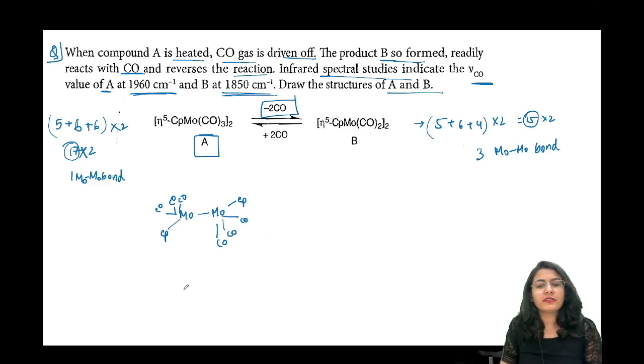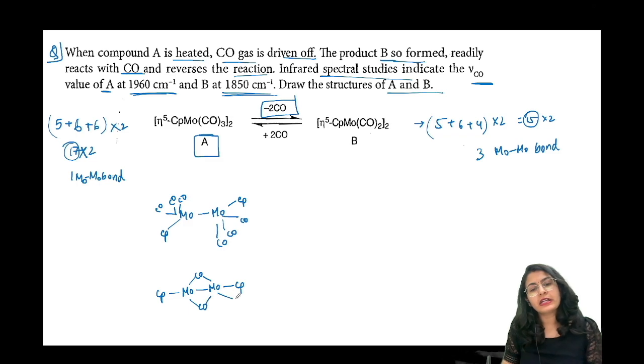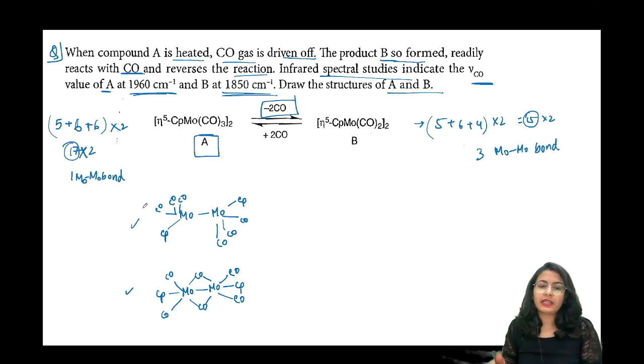Or even if you want to do a bridging thing, it could go like this. But we can't confirm the bridging without the spectral studies, isn't it? Either it could be this or it could be this.